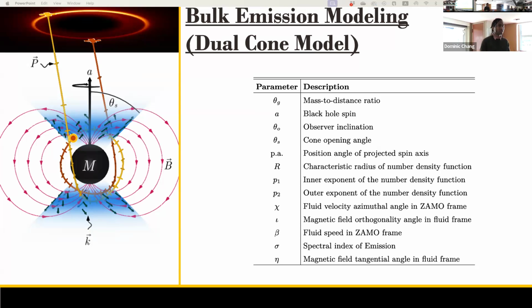The ray tracing code depends on things like the black hole spin, the observer inclination, and the position angle of the spin axis. Calling it a curved black hole just means I'm going to ray trace the emission under the assumption that the space-time is curved, and of course I'm going to use the local physics associated with it.